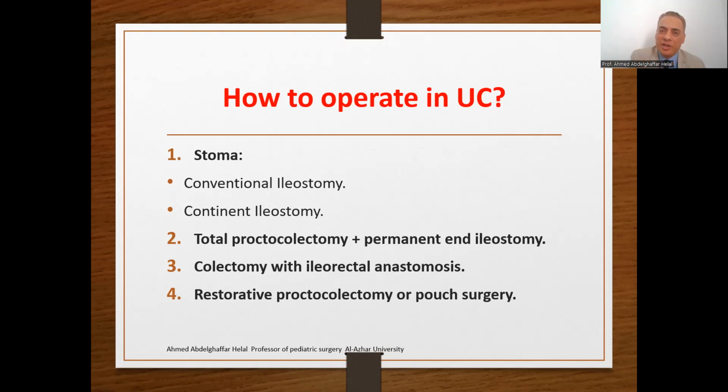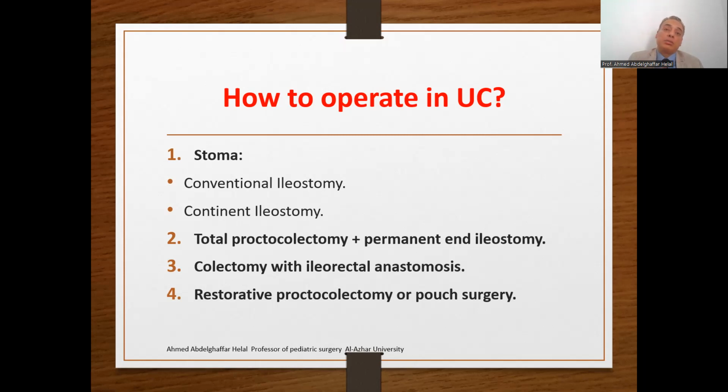It's a form of diversion. This stoma may be an incontinent ileostomy or may be developed into a Kock or continent stoma. Then the treatment developed to total proctocolectomy, meaning total removal of the colon, rectum and anal canal, with a permanent end ileostomy. However, this treatment is usually refused by most children and families.